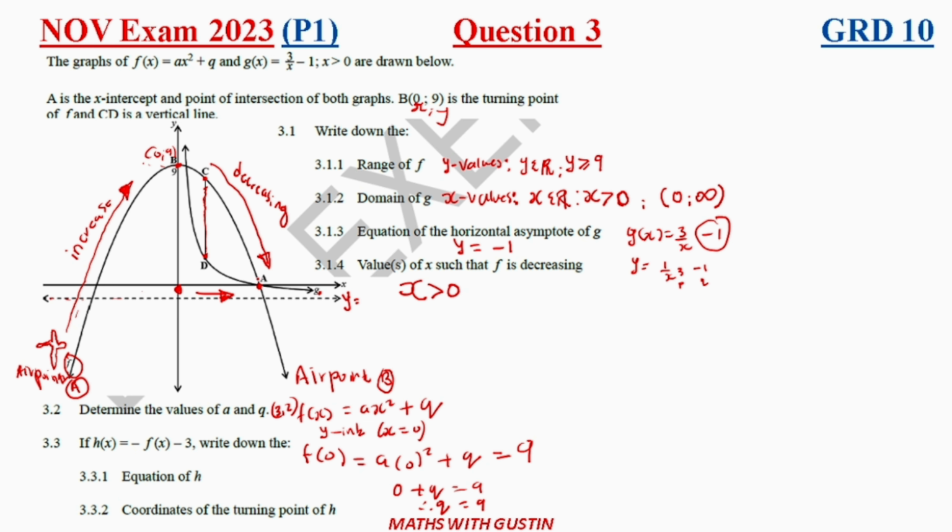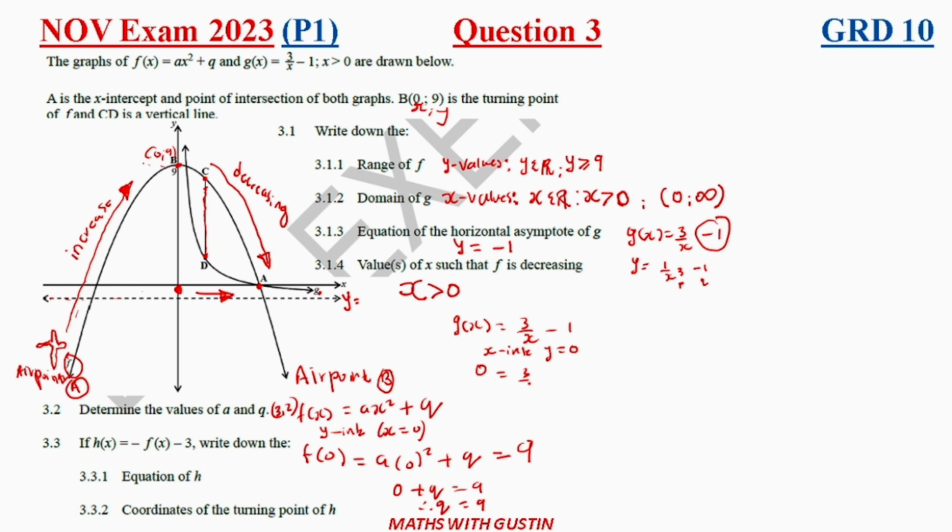I'm saying here it's an x-intercept. So on g of x is equal to 3 over x minus 1, we get the x-intercept when y is equal to 0. So therefore y is equal to 0.